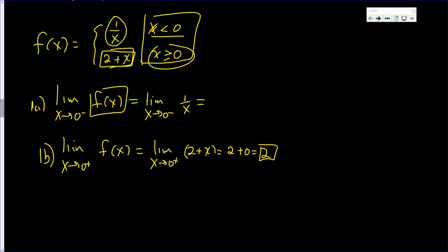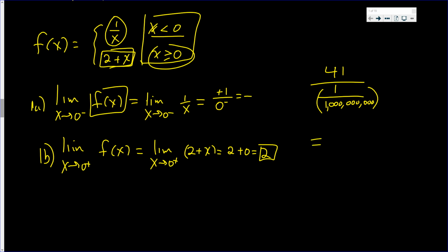This limit, well, it's going to be positive 1 over 0, but it's going to be negative. And a positive over a negative is negative. And if you have a number, whether it's 4 or 1 or 41, and you divide it by a really, really small number, that's a small number.